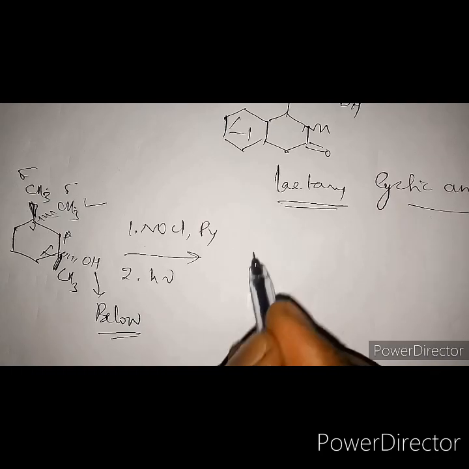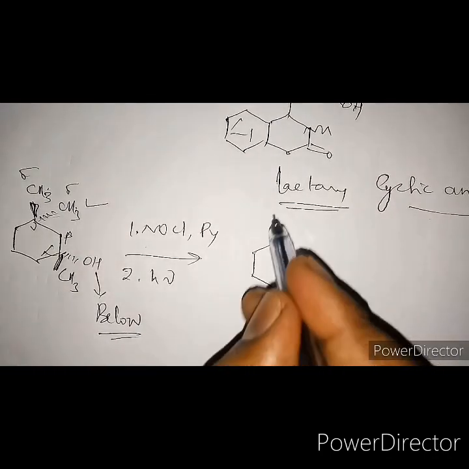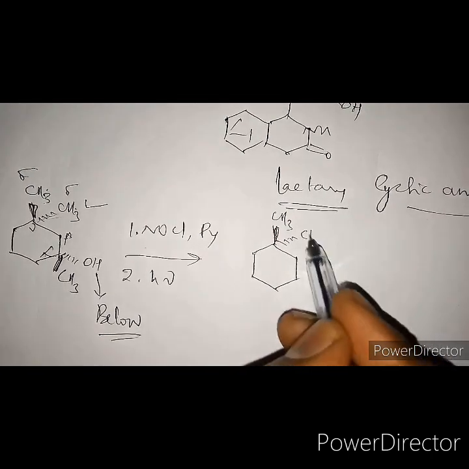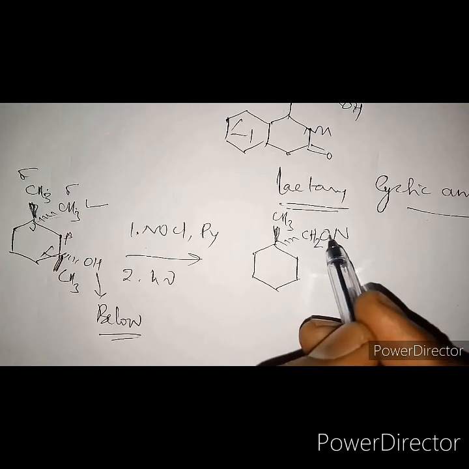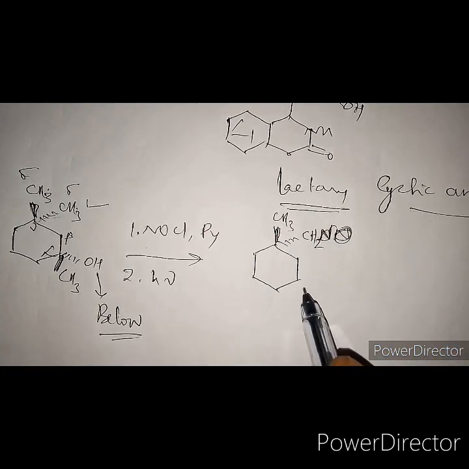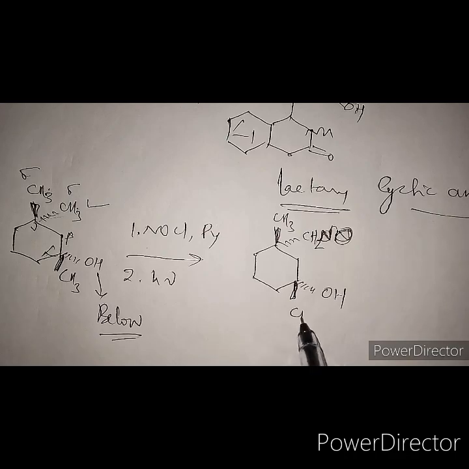So we will get the product: CH3, CH2, O, CH2NO, with OH and CH3.